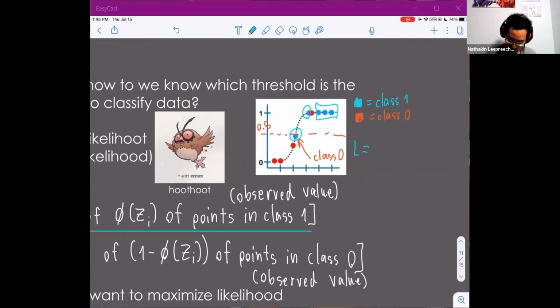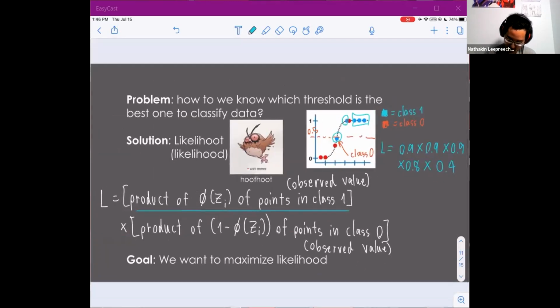So it's going to be 0.9 times 0.9, 4 of them 0.9, or maybe we can go with 0.8 times 0.4. So that's the first part, and then the second part is 1 minus phi of that, times the product of everything.